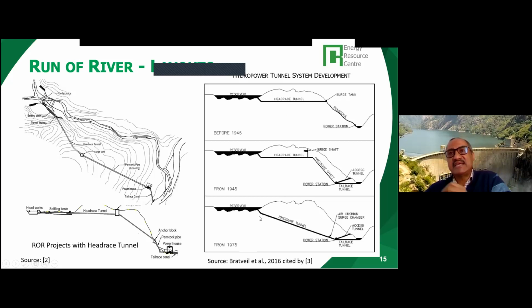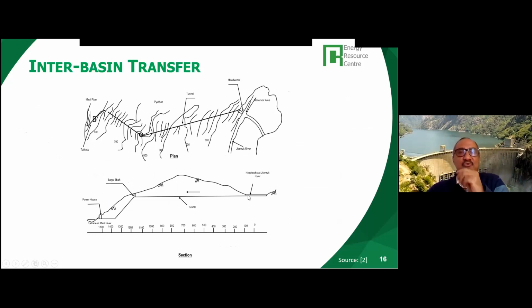This is because the equipment for tunneling work has improved. The technology has improved, so the tunnels are now mostly under pressure, and nowadays you also have powerhouses which are underground, for various reasons, some of which are to increase the head. So these are the basic layouts of run-of-river projects.